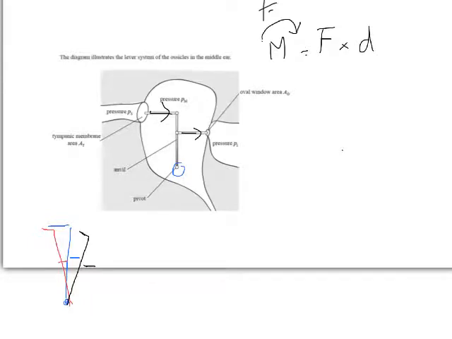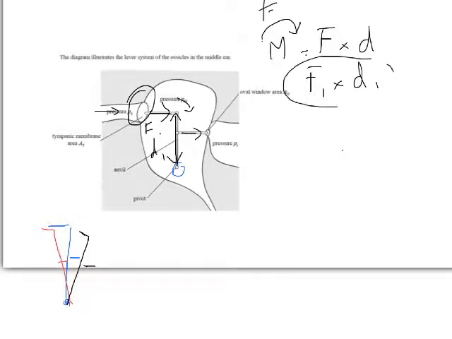So if we compare both of these forces, F1 and distance 1, that's the total. F1 times distance 1 is the total turning effect that's given by this part of the ossicle, and that's due to the pressure from the eardrum. So that's making it move backwards and forwards, and it's causing this turning moment.